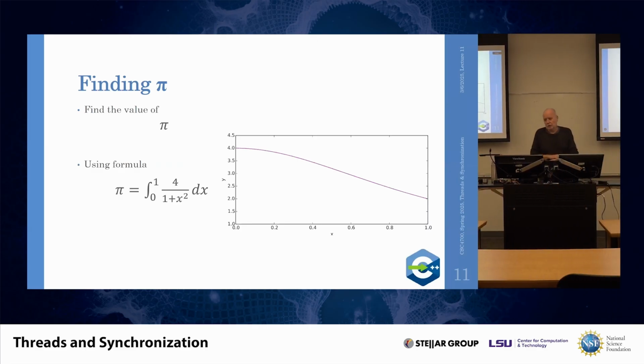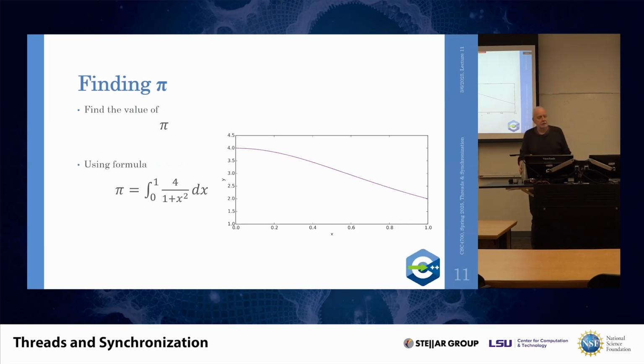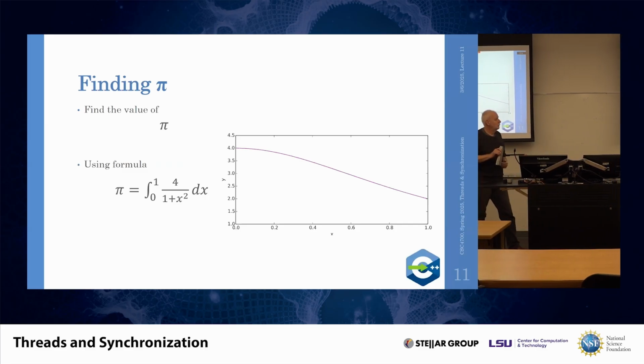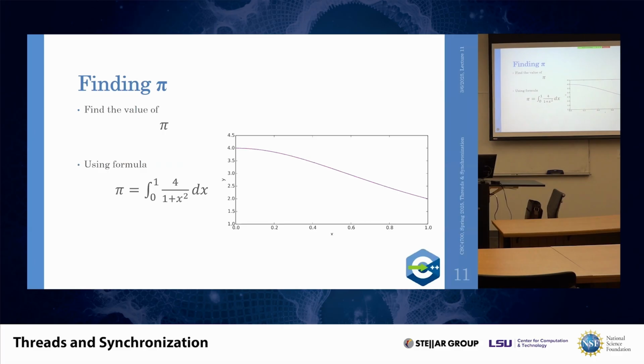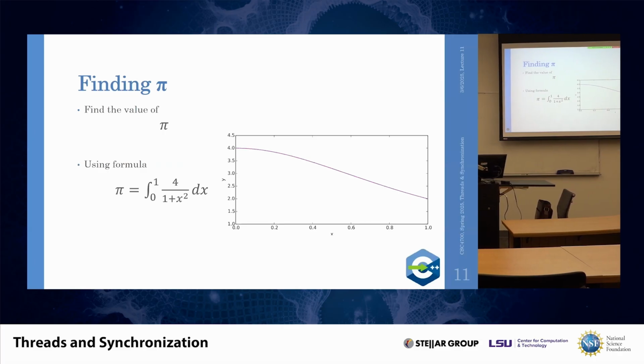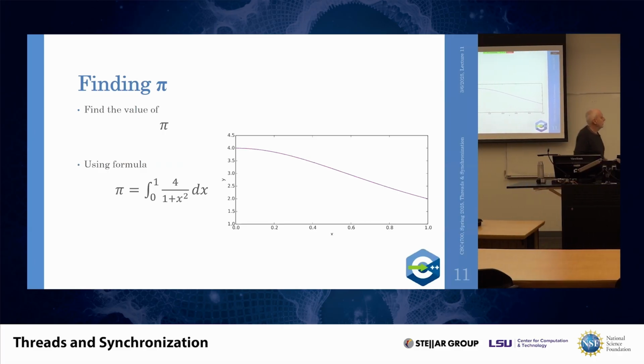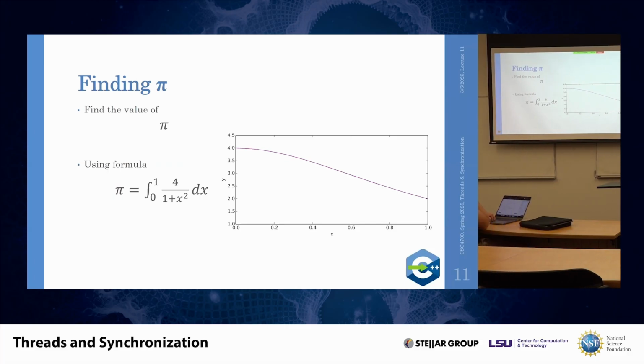Let's get back to what I want to look at today, namely approximating the value of pi by numerically integrating the function 4 over 1 plus x squared on the interval between 0 and 1, which gives us pi.